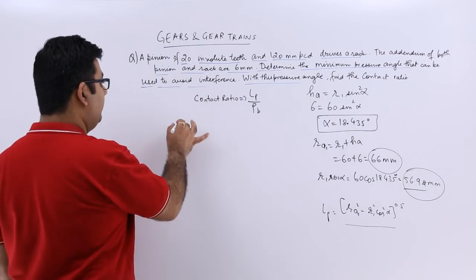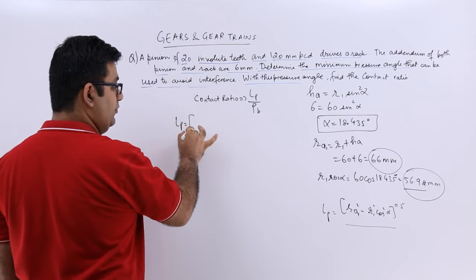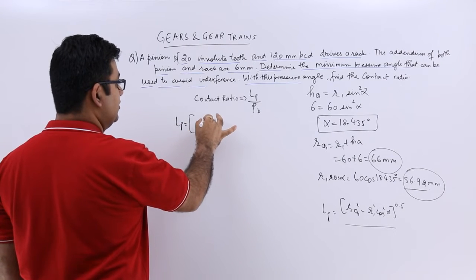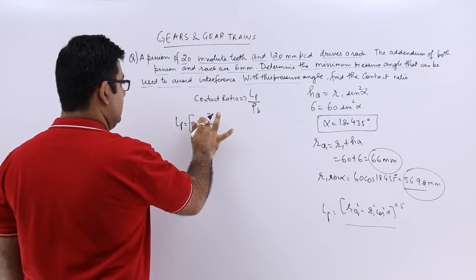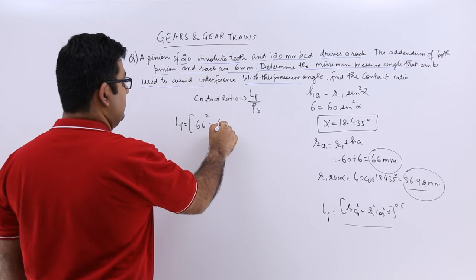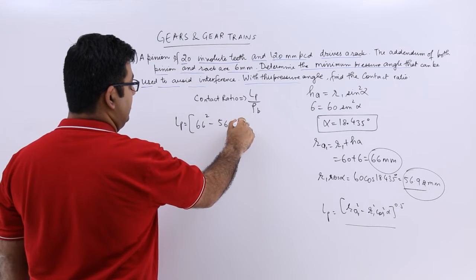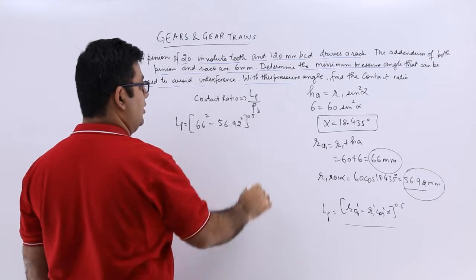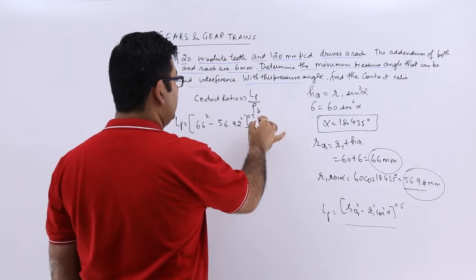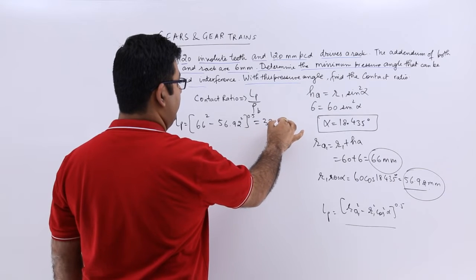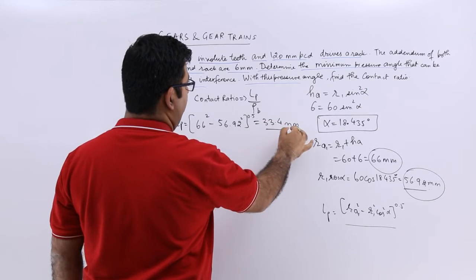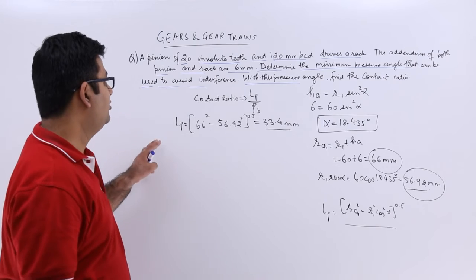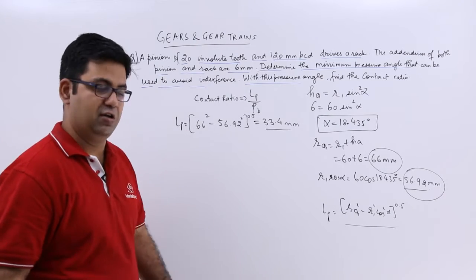Okay, so you will get LP as the square root of 66 square minus 56.92 square. So you will get a value which is 33.4 millimeters. So the length of path of contact is now taken care of.